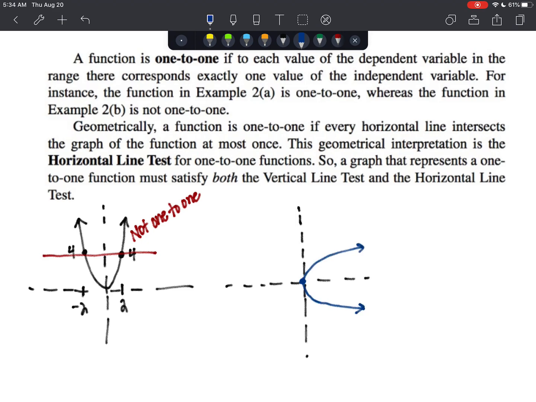So this function on the left, this quadratic equation, the parabola opening up, is a function but not one-to-one, which means its inverse is not a function. So the inverse is not a function.